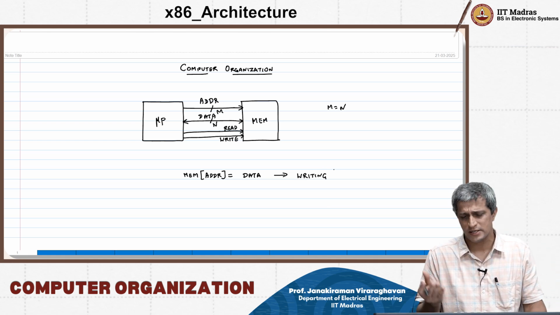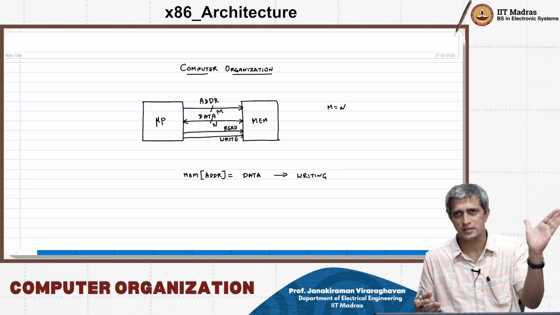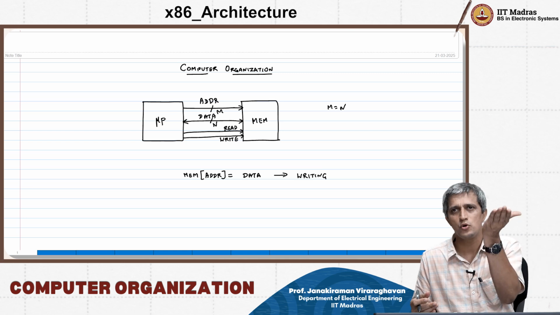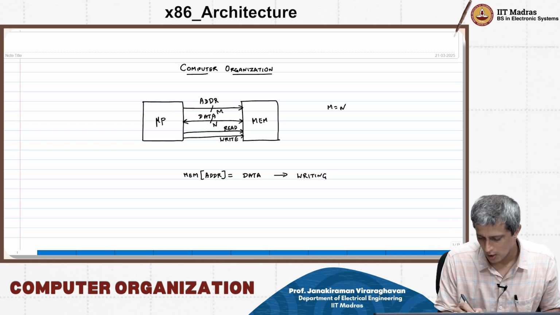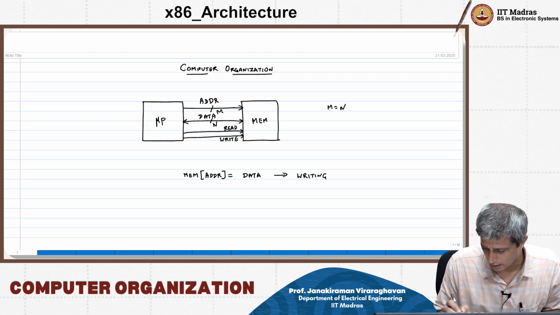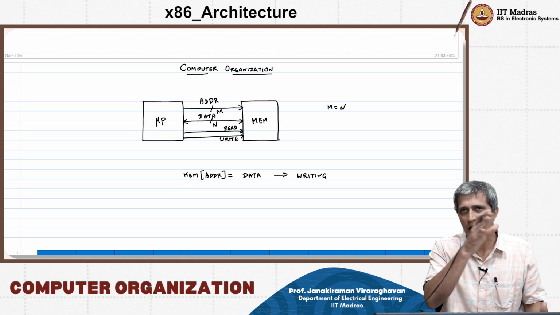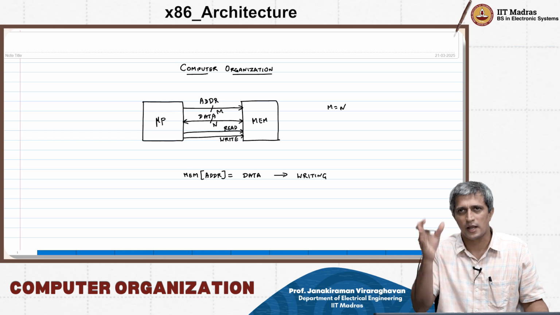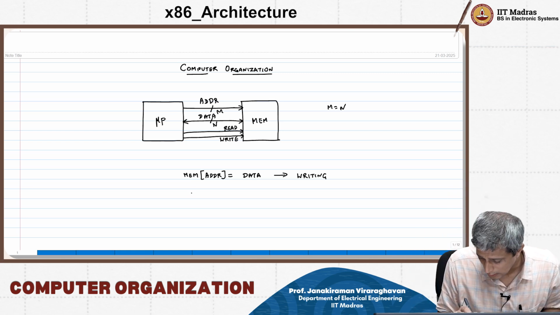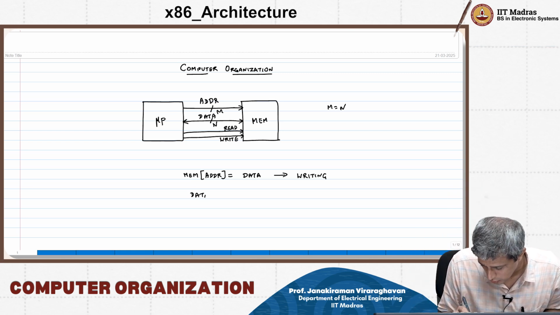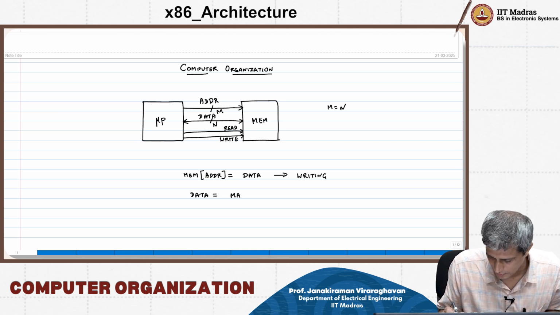And what is writing? Basically it means you give a certain address, give a certain data and then you assert the write. On the other hand, if you want to read, you will give an address, you will then assert the read, then you will get on to the data bus whatever is in that address.